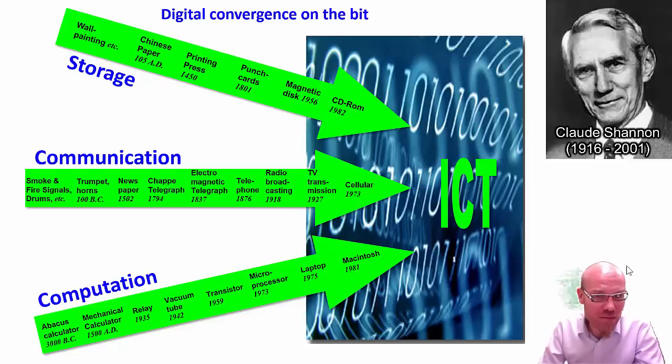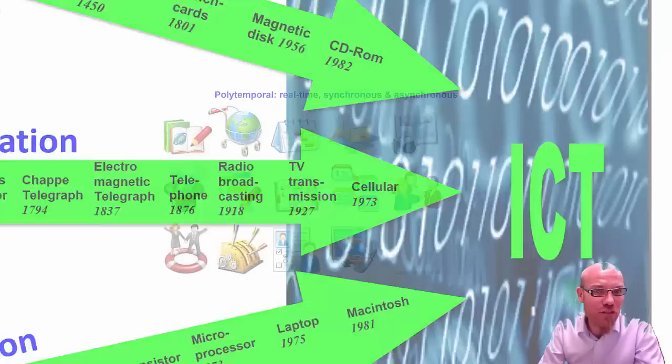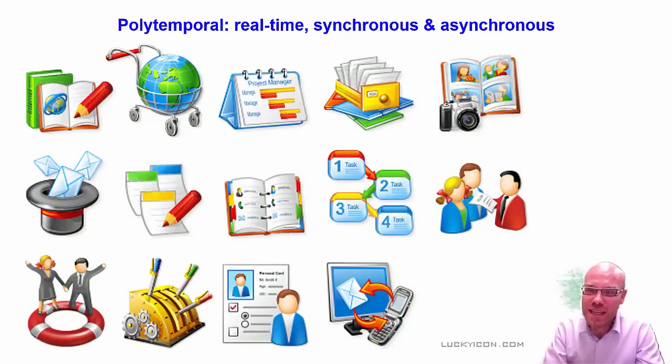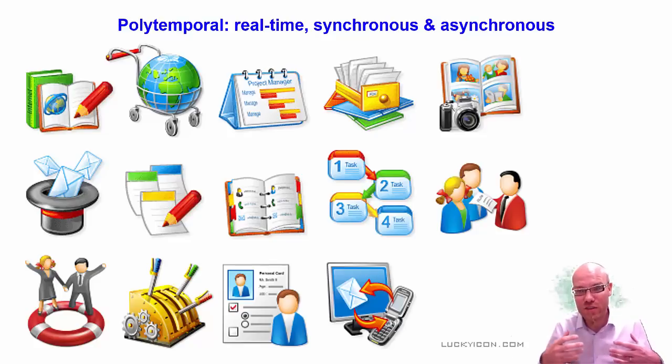And this had important implications, for example, on our perception of time. Through digital communication, we can now communicate in real time through very advanced telecommunication. We can have a video conference or we can have a chat. We can also do synchronous communication. That means that a computer tells us when to get together and when to update our communicational exchange, or we can have asynchronous communication. That is possible through a marriage of communication technology and storage technology.